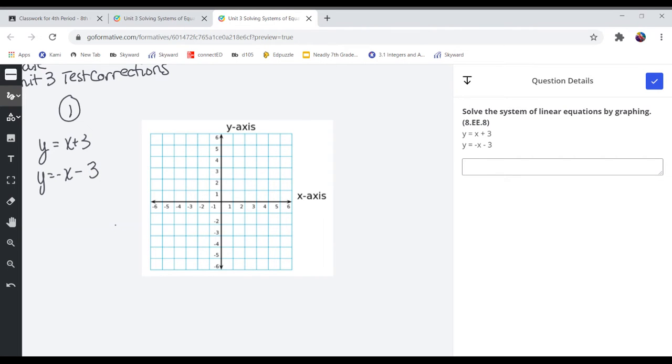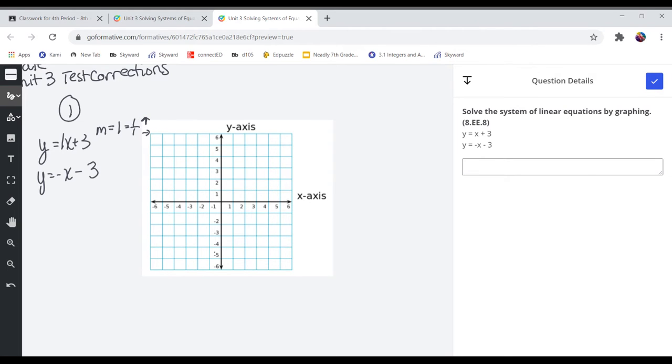All right, so for the first equation, I'm going to put an imaginary 1 in front of my x, and I'm going to identify my slope and my y-intercept. So my slope equals 1, which is equivalent to 1 divided by 1, so I know I'm going to go up 1 to the right 1.